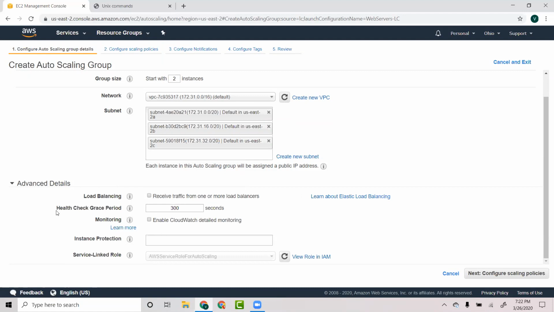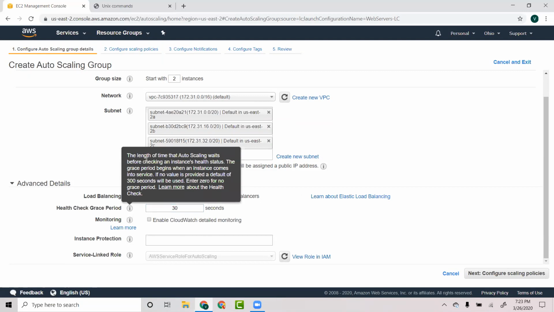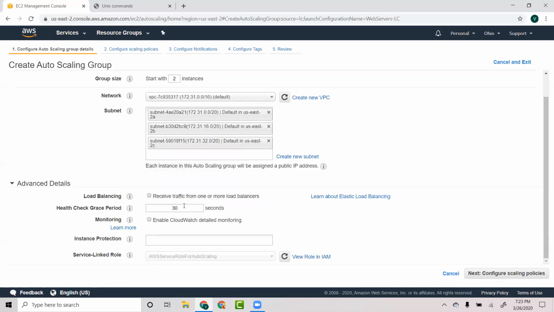Next is health check grace period. Let's take a look at this one. The length of time that auto scaling waits before checking an instance's health status. So it waits for 30 seconds before it keeps checking for the health. So every 30 seconds.